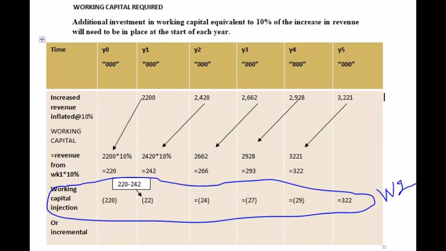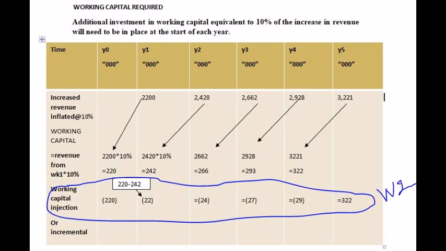We are going to take working capital of 10% in each year, taking revenue times 10% for each year. For the first year, in year 0, we take 2,200 times 10%, and we get 220. This is the working capital we get.